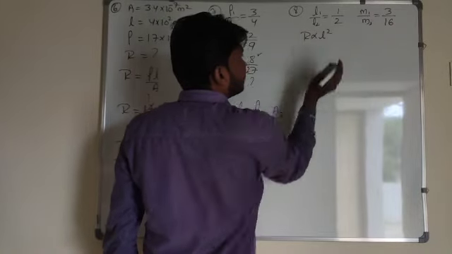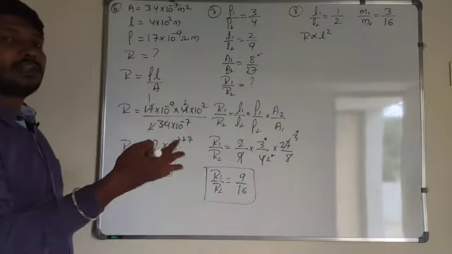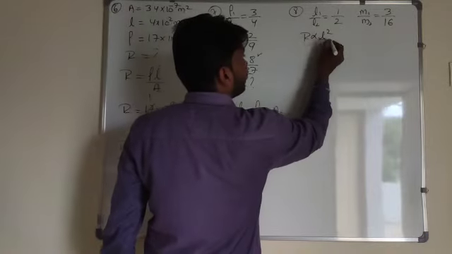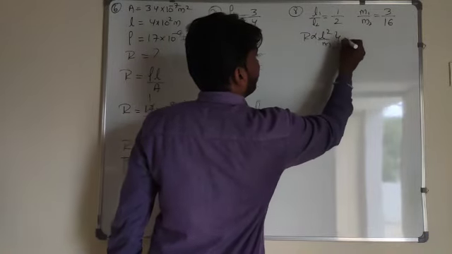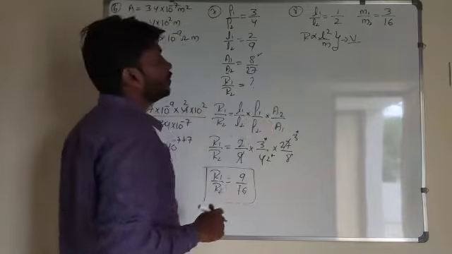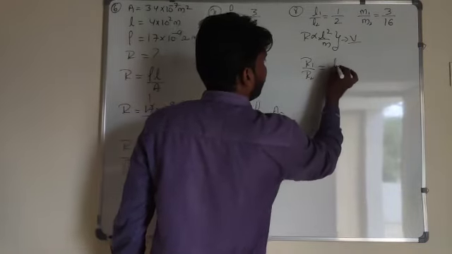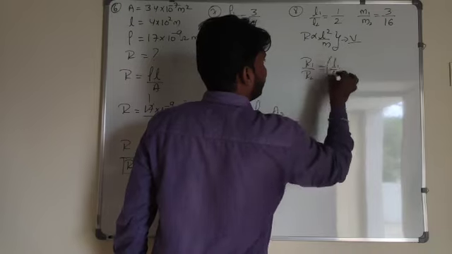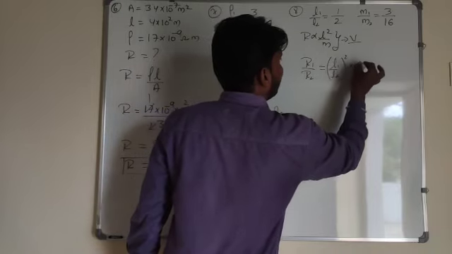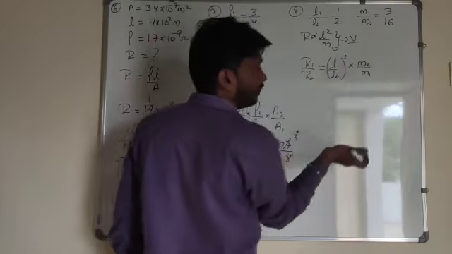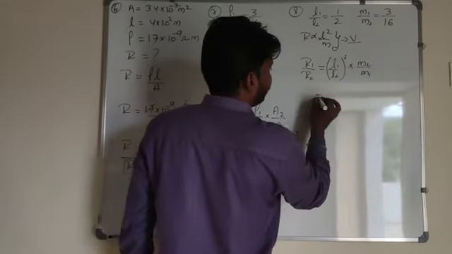So resistance is directly proportional to square of the length and inversely proportional to mass for constant volume. So hope you remember this formula. So R1 by R2 is equal to what? L1 by L2 whole square into M2 by M1, inversely proportional to mass.